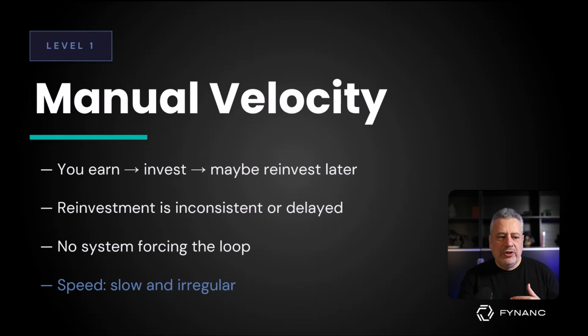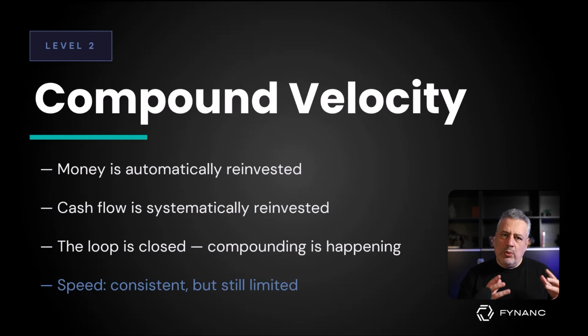So let's talk about level 2. Level 2 is where we take level 1 and we automate it. This is compound velocity. This is where money is automatically reinvested. You set it to automatically reinvest. Now, the problem here is that you are reinvesting cash flow. You can see here it says cash flow is systematically reinvested. This is what most people talk about: level 2.